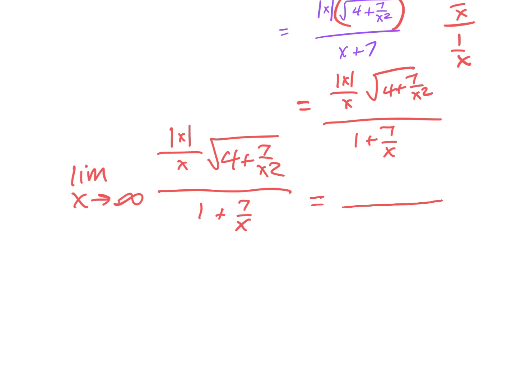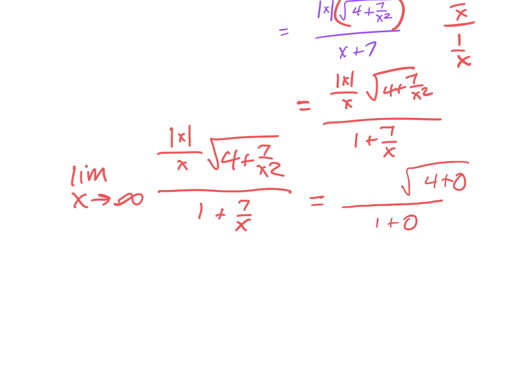The denominator is 1. So the denominator is 1 plus 0. Everybody good with that? What about the radical? It's 2. Well, for right now, I'm going to leave it as 4 plus 0, but it will be a 2.